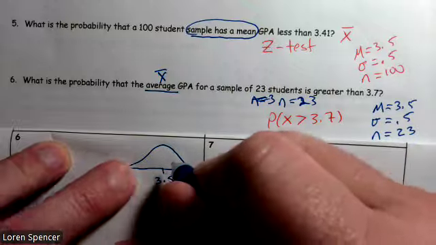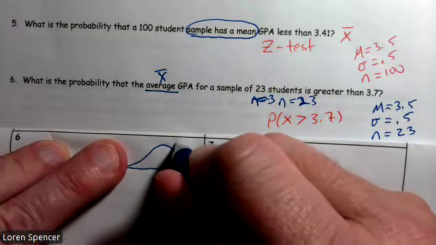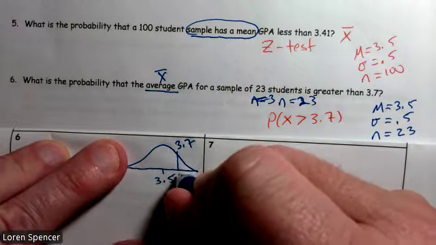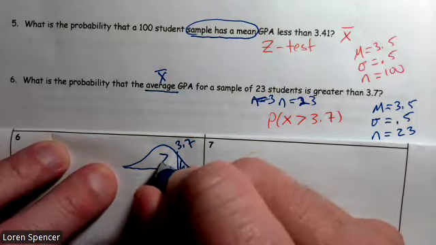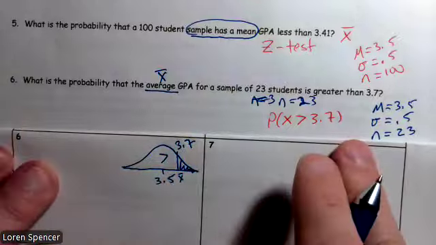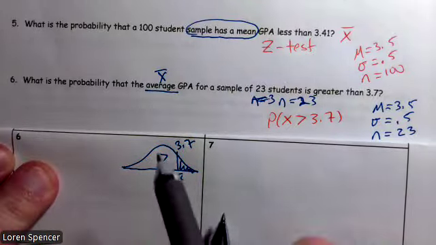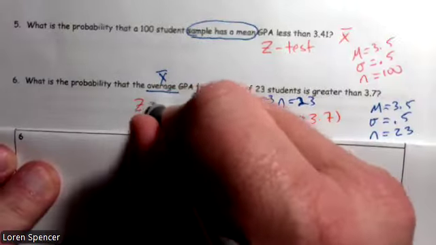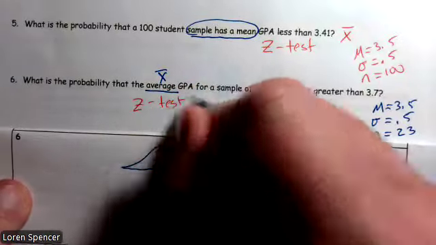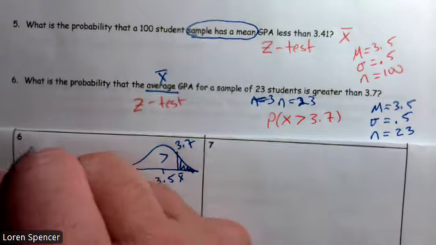And we want to know the probability that they have a 3.7 or more. So there's my X bar, and we're shading up because it said greater than. And I know that this is a Z test because they're asking for an X bar and N is not 1. So this is a Z test. So I need to write that down on my paper.